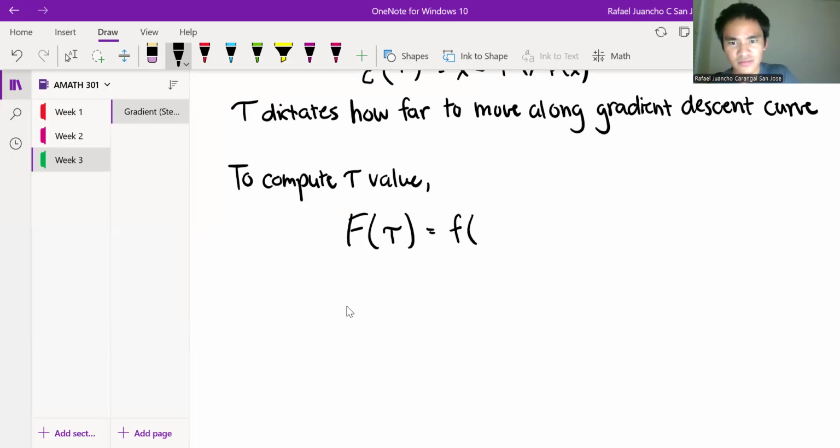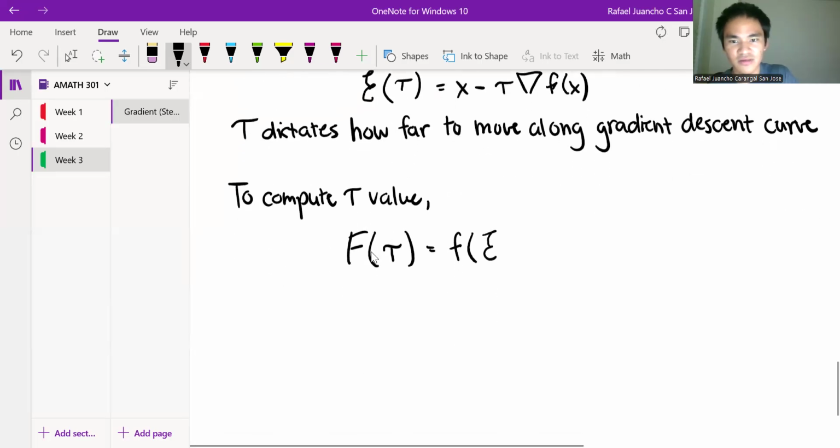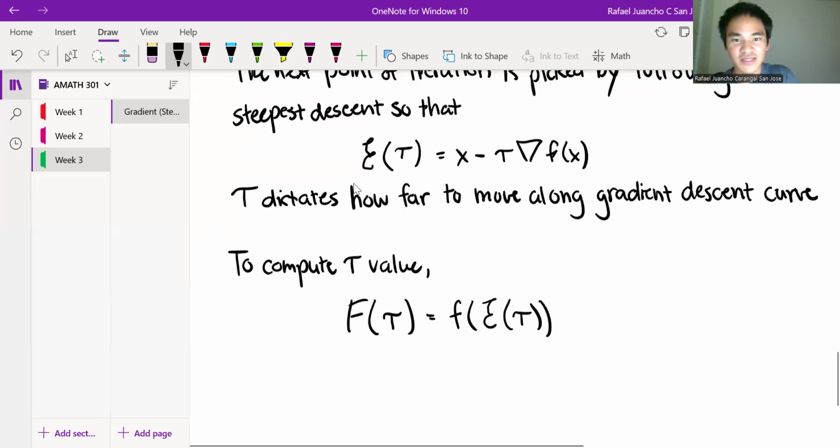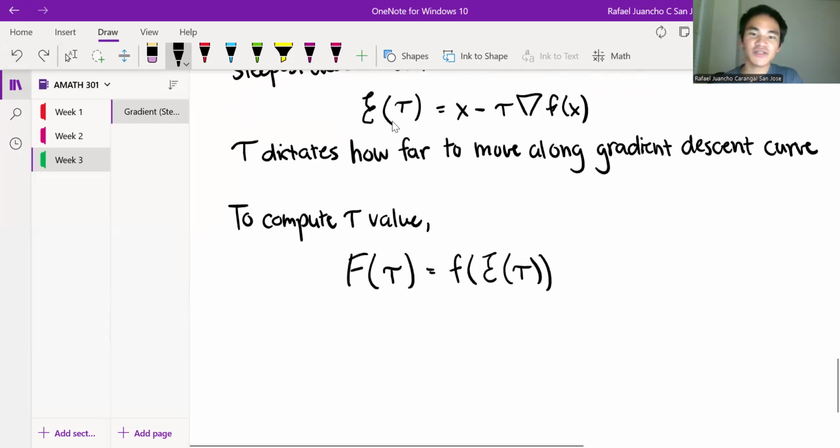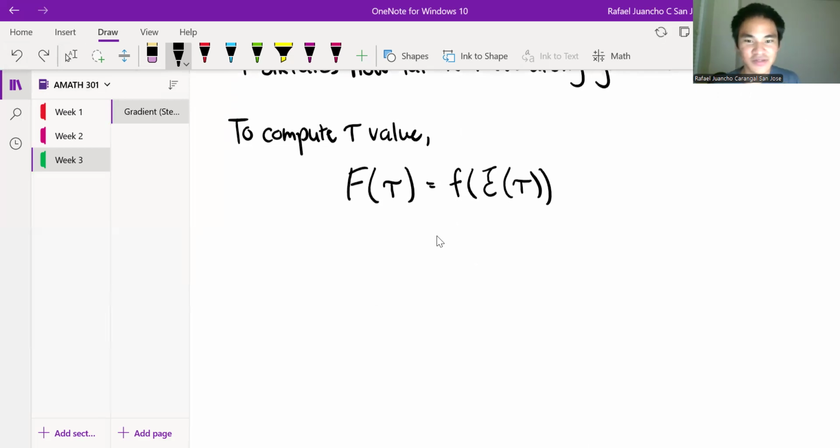So we actually put this thing in a function that will help us determine tau. So now we have a composite function here, and this one now must be minimized as a function of tau.